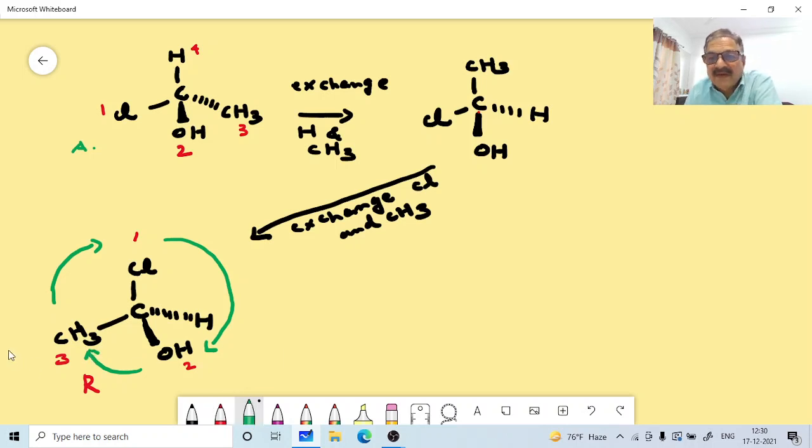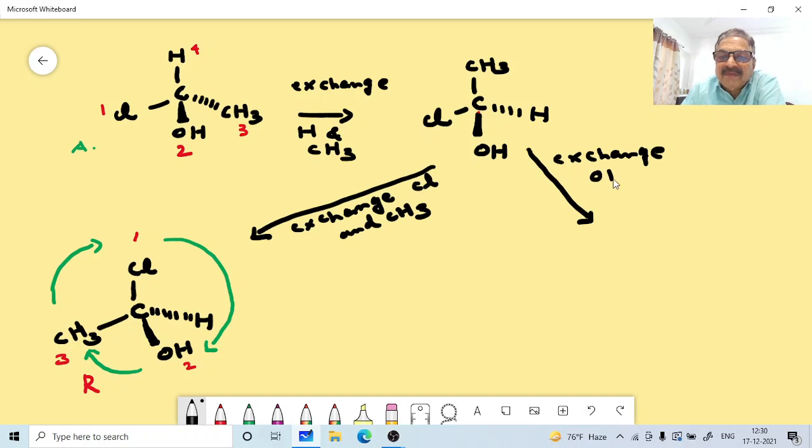Now again we can try one exchange here. Now if you are exchanging again, here we have to exchange OH and the methyl group. If you are exchanging OH and methyl here, what will be the nature?